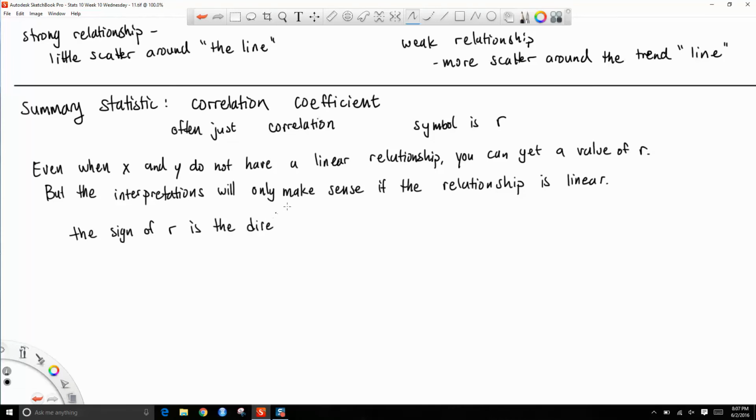Positive R means you've got a positive relationship. Negative R means you've got a negative relationship.